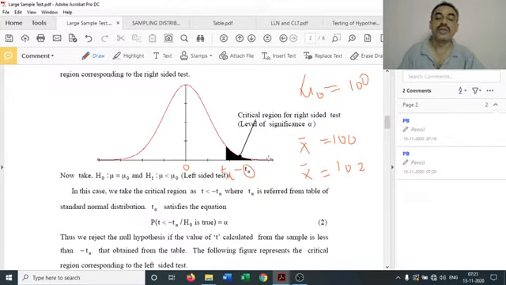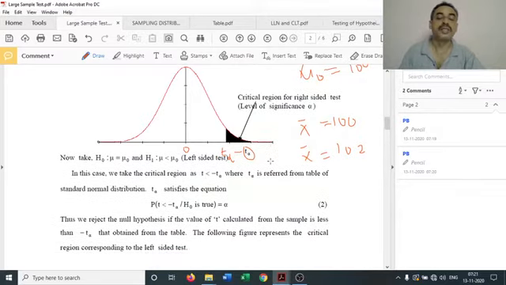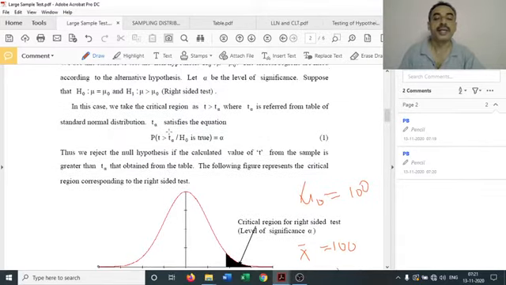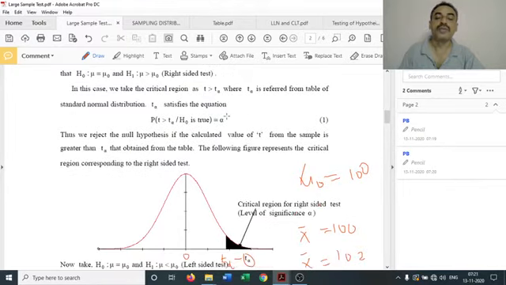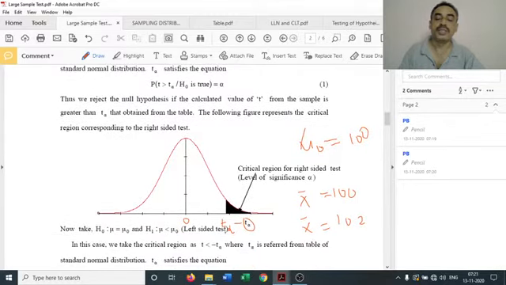If it goes beyond T alpha, we will reject the hypothesis. Thus, in a right-sided test, the critical region is T greater than T alpha. We are making use of the freedom offered for rejecting a true hypothesis as alpha, that is 5% freedom, and according to that 5% freedom, we set T alpha.